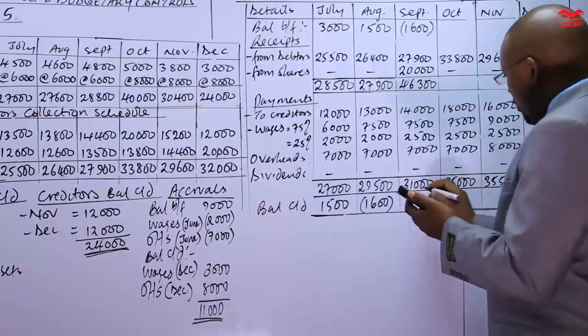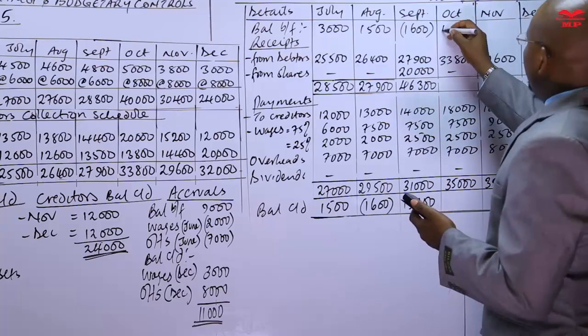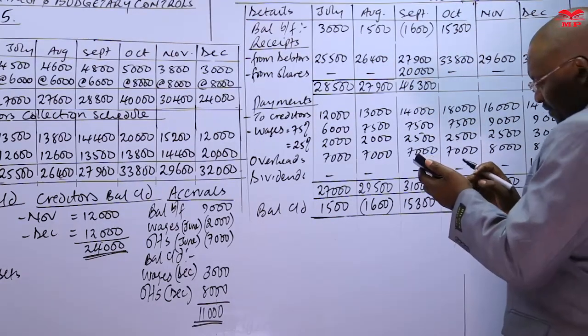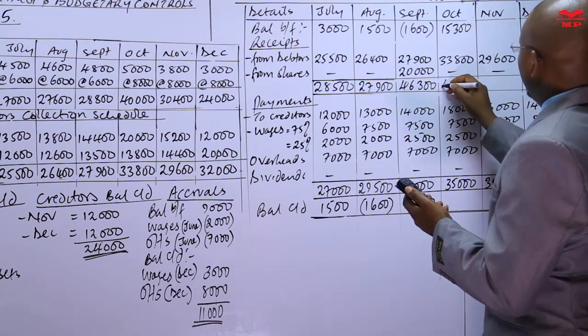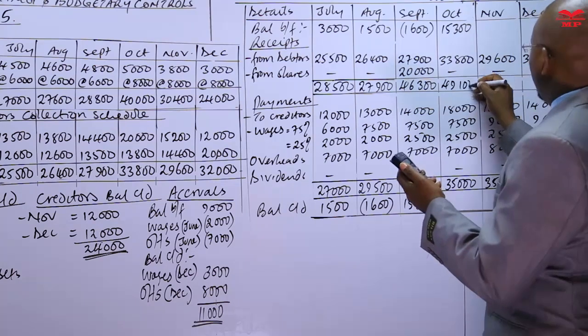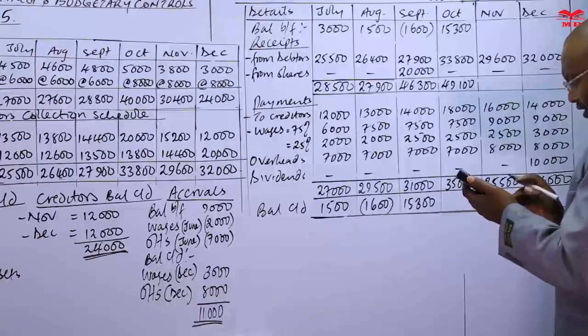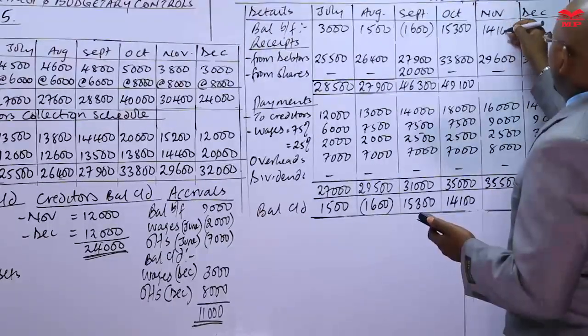still remain with good money of 15,300, which we will begin with here, 15,300, plus 33,800. This is actually 49,100. Then minus 35,000. This is actually giving us 14,100, which we begin with 14,100 here.